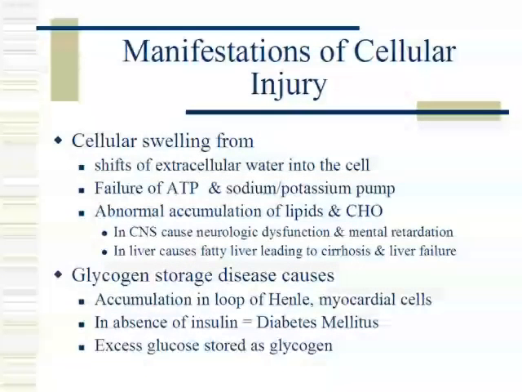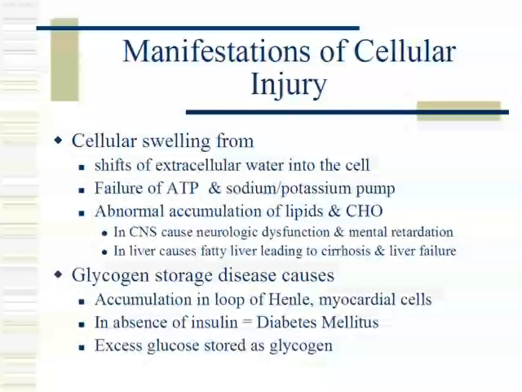There are different types of cellular injury or manifestations, ways in which you see this. You'll have cellular swelling from shifts of extracellular water into the cell, failure of your ATP, or adenosine triphosphate, and your sodium-potassium pump.